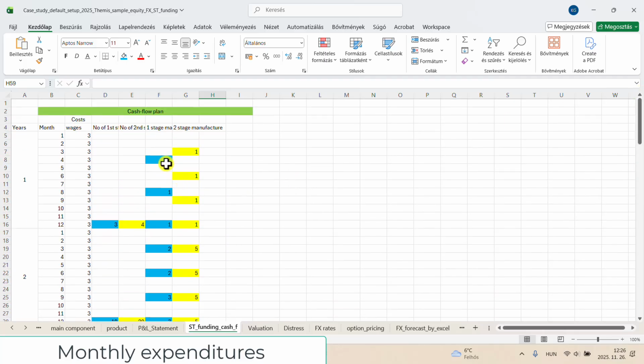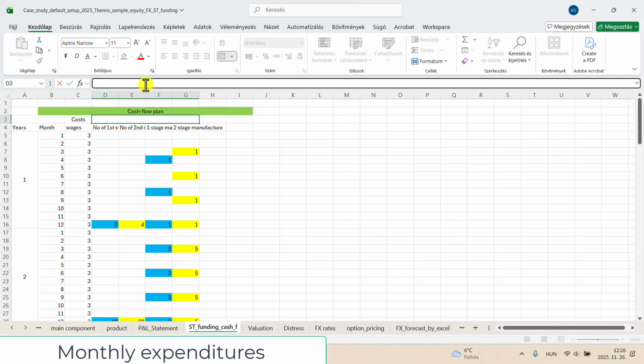So this is the request from the numbers, the number of stages.